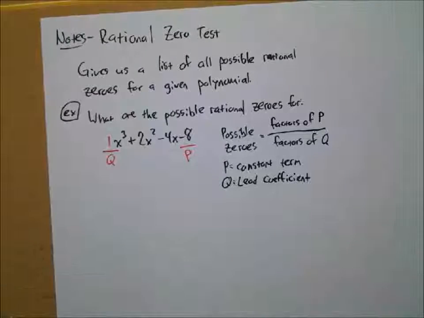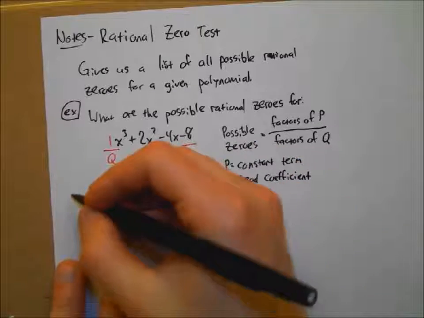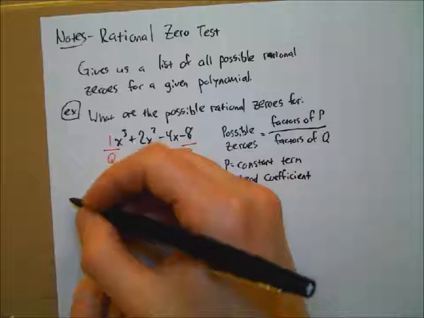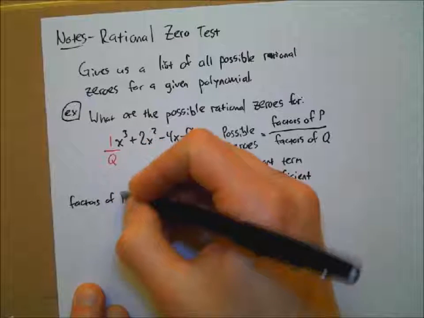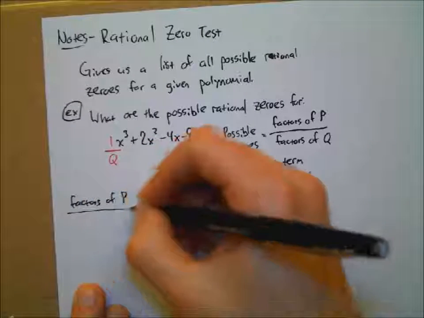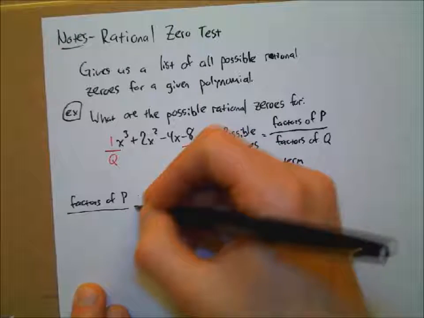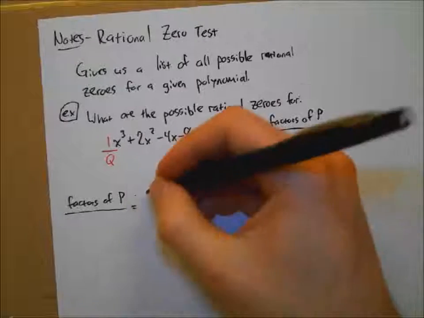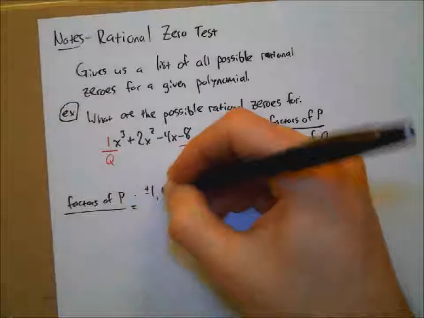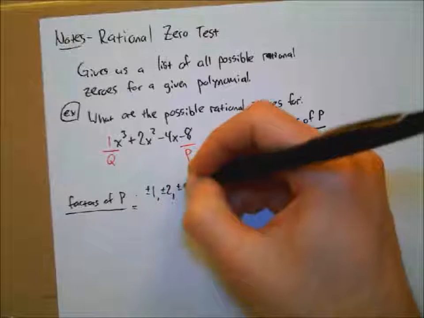So what are the factors of 8 or -8 in this case? What divides 8 evenly? 1, 2, 4, 8.